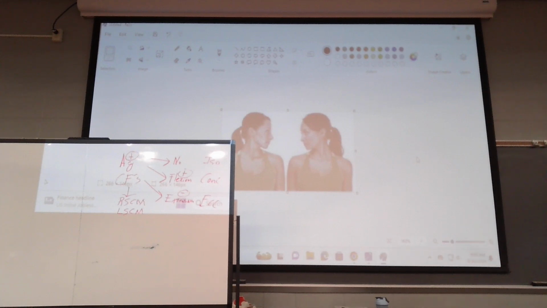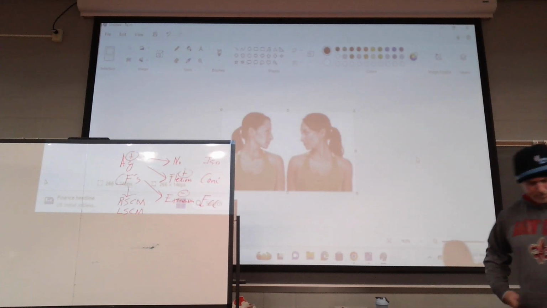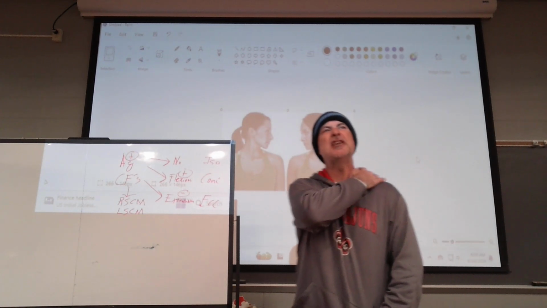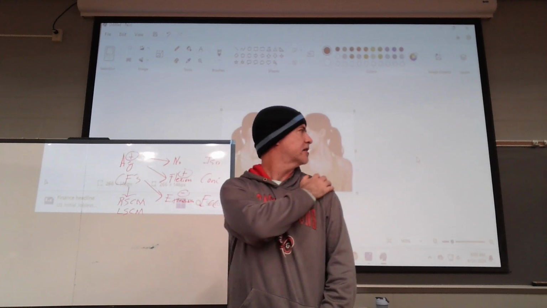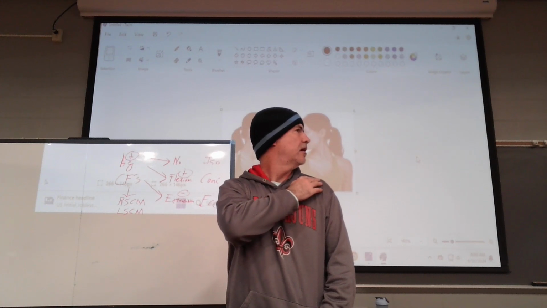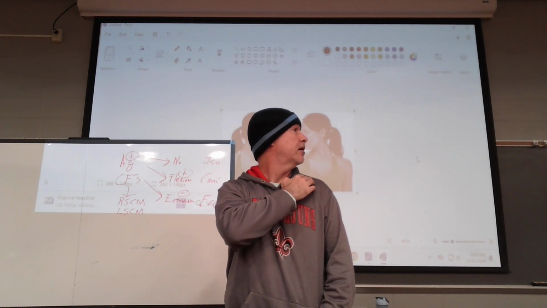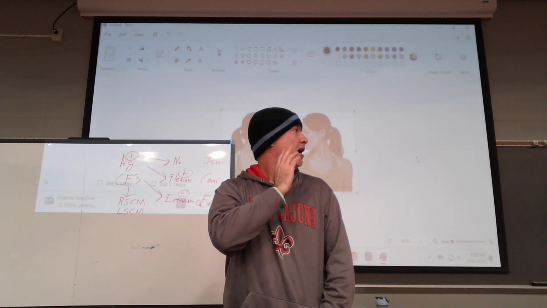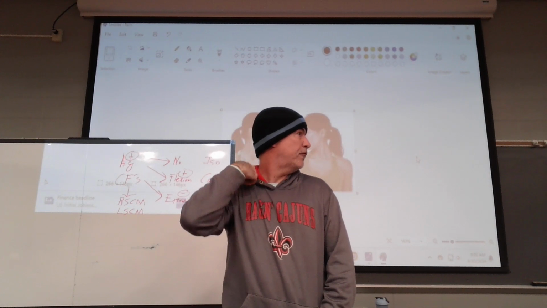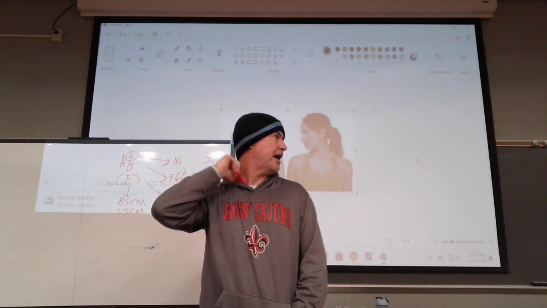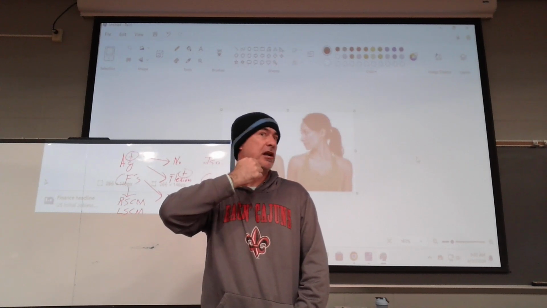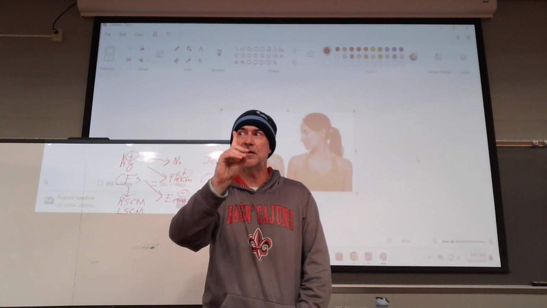Some students might say, well, why do I feel it if I'm looking to the left, right? I'm looking here, and I don't understand why I would feel a stretch on my right side if I'm shortening my right side. And here's the answer.